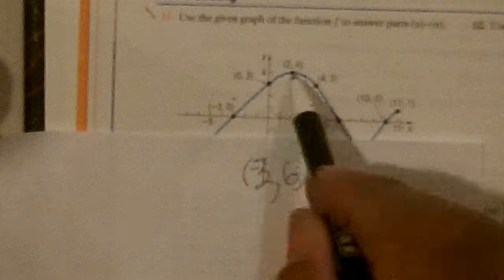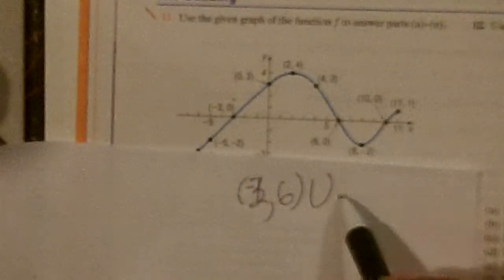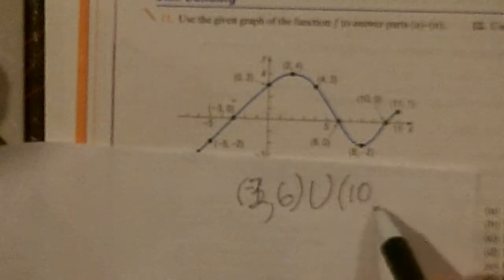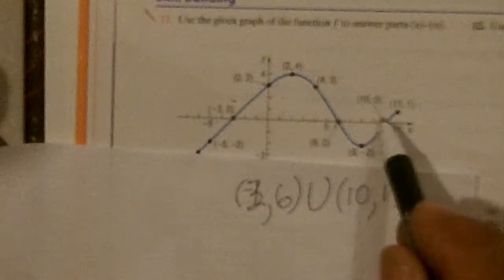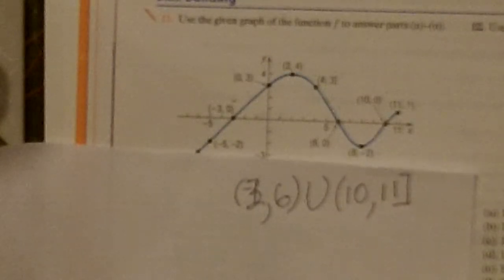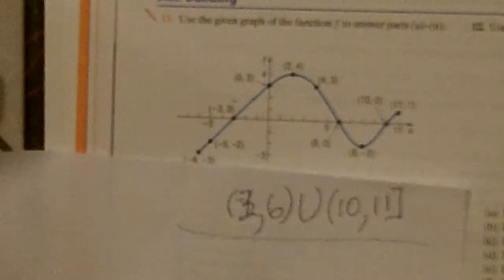The y values are greater than 0. And also from 10 all the way up to 11, including 11. At 10 it's 0, so we can't include it. At 6 and -3 it's 0, so we can't include those either. So that would be the answer to part F.